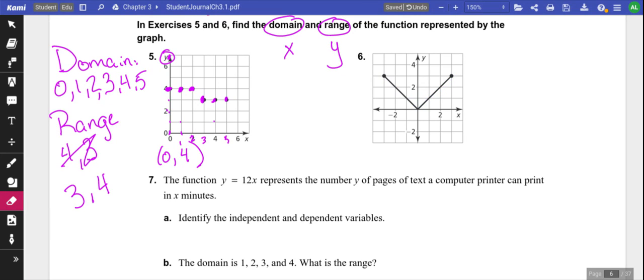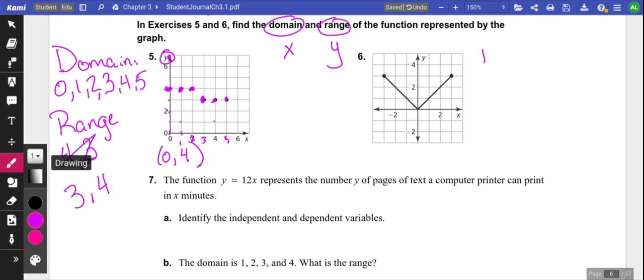My domain is always just my x values. So over here, at this point, that's my farthest left point. I'm going all the way over here. This is -3 as that x value.